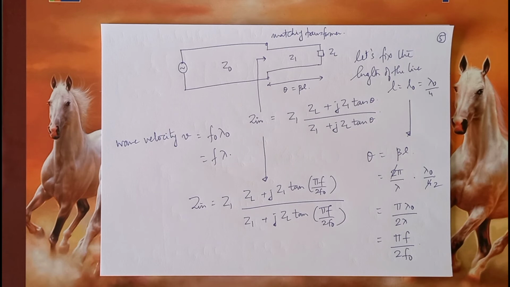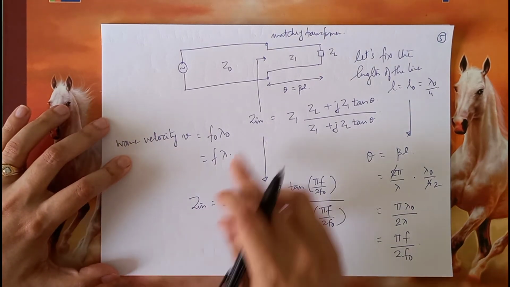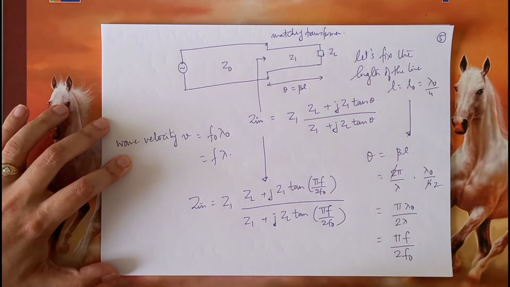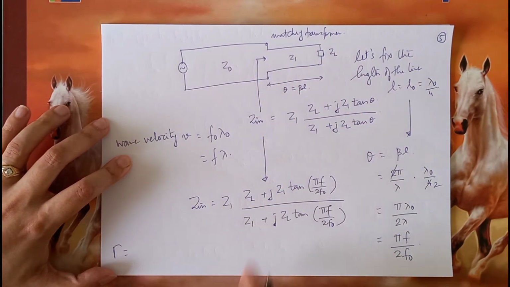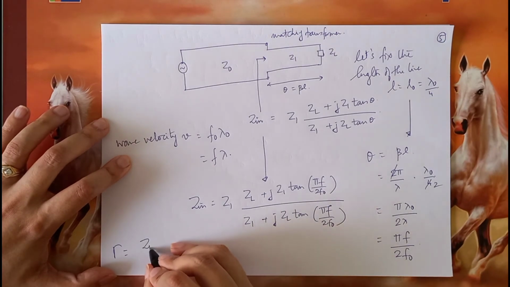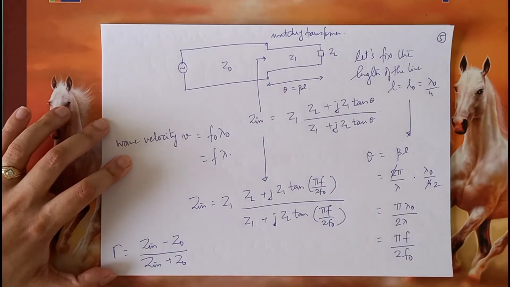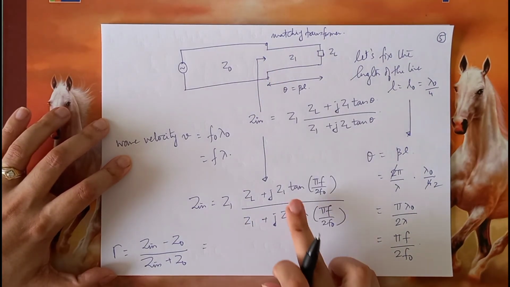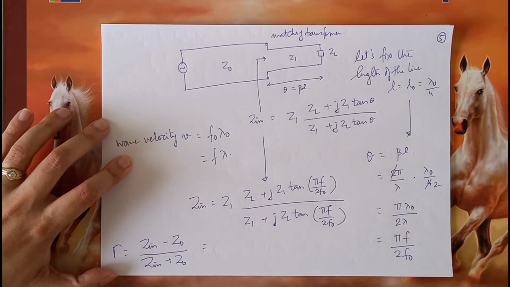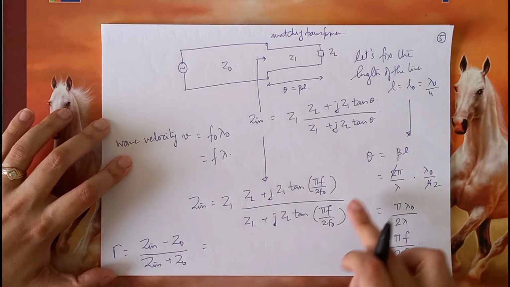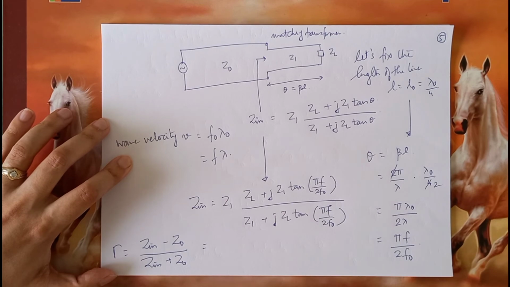So now looking at this junction, gamma, the reflection coefficient is what? Zin minus Z0 divided by Zin plus Z0. That is looking into the matching section. So if you substitute this, you have to substitute this big Zin quantity into gamma.